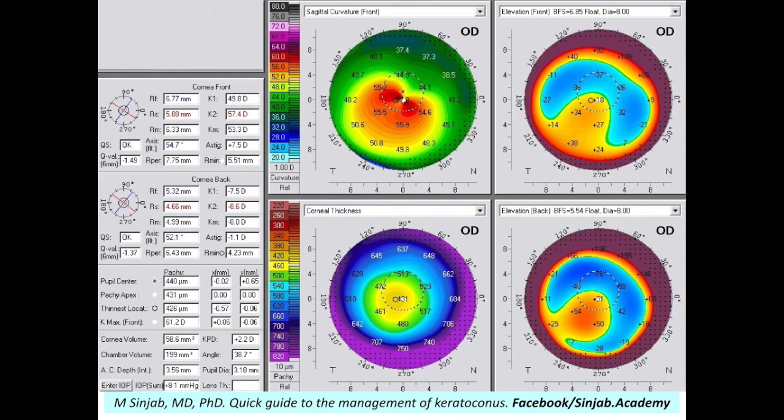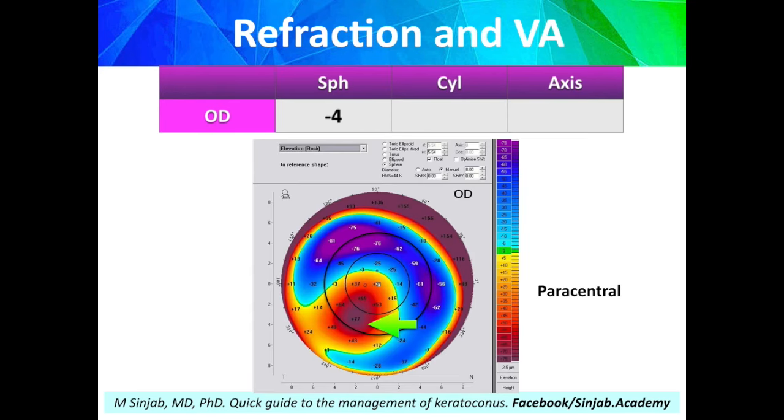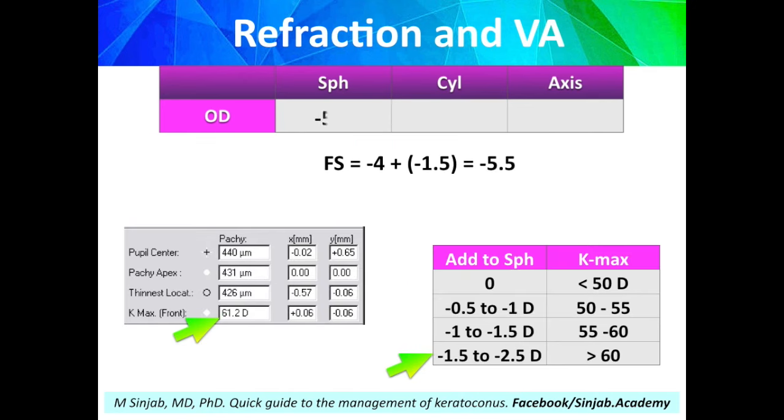Case number 2, the right eye of a patient with keratoconus. This is his refraction and his visual acuity. Since it is a paracentral cone, I have to consider the Kmax factor, and the final sphere will be minus 5.5 diopters.